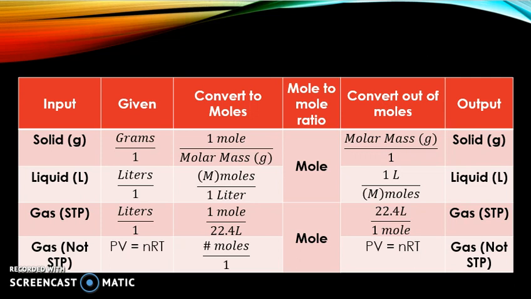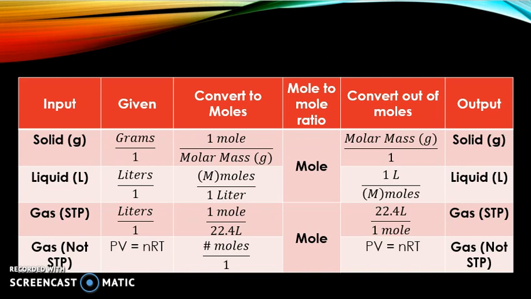So you can put into stoichiometry now 4 different types of things: solids, liquids, gases at STP, and gases that aren't at STP. And you'll notice there are 4 different ways of converting them into moles. If you have a solid, you use a molar mass. If you have a liquid, you use a molarity.